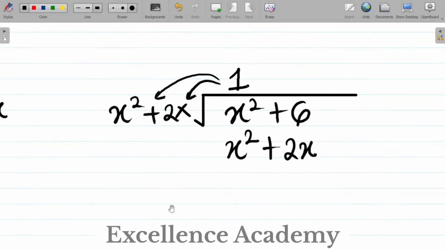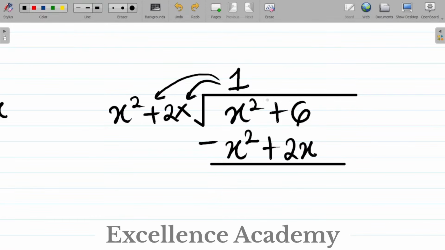At this point, I'm going to subtract. x squared minus x squared gives you 0. Next, this term has an x. If I look at x squared plus 6, there is no x term here. This is x squared, this is a constant. So assume the term with x to be 0.